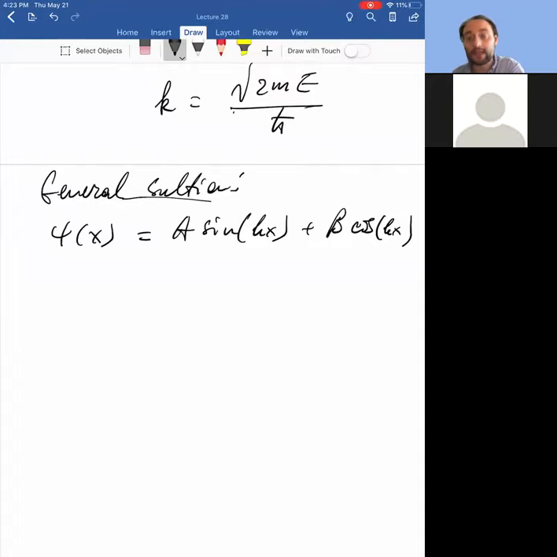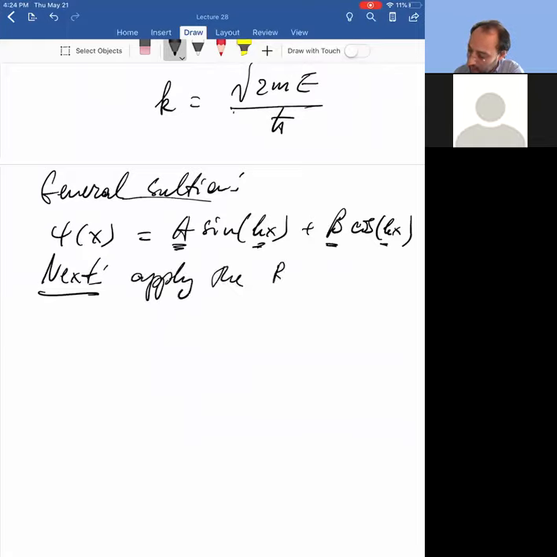What's the next thing that we do? Okay, the next thing on the agenda is to apply the boundary conditions. Why do we do that? In order to fix these coefficients, right? What are the boundary conditions? Well, the wave function, let me write it like this so you're not confused.